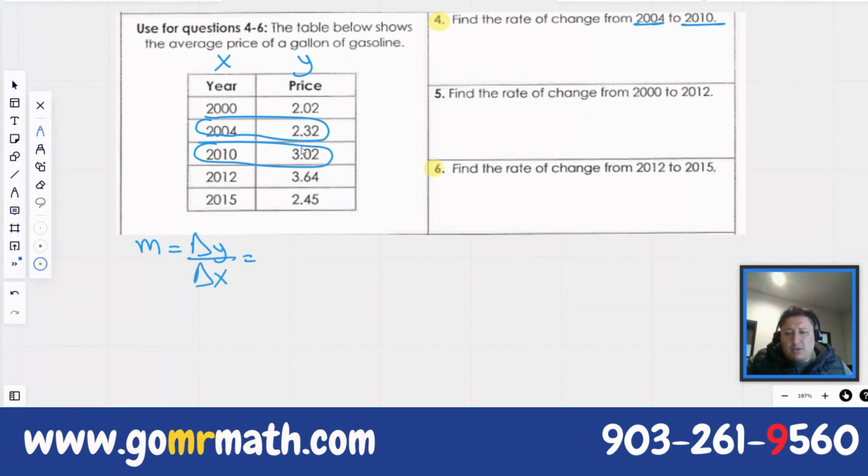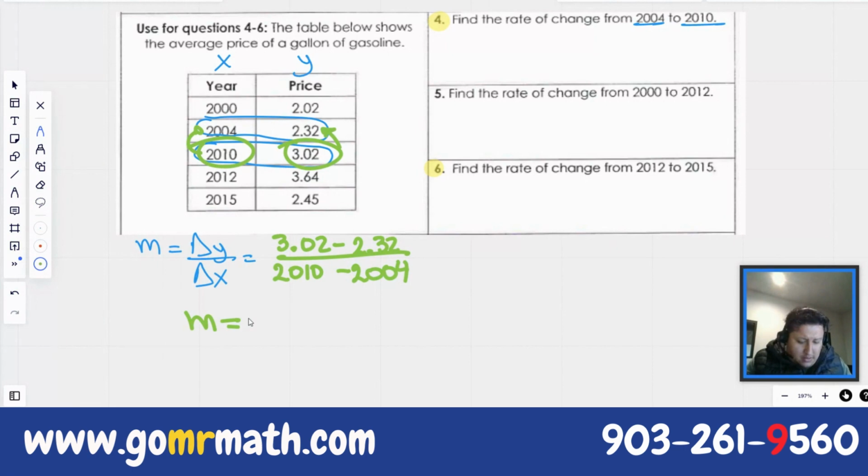So the change on y here will be 3.02 minus the previous one, 2.32, divided by, now I have to do the same for the years, 2010 minus 2004. My slope should be 3.02 minus 2.32. Make sure we're doing it right.